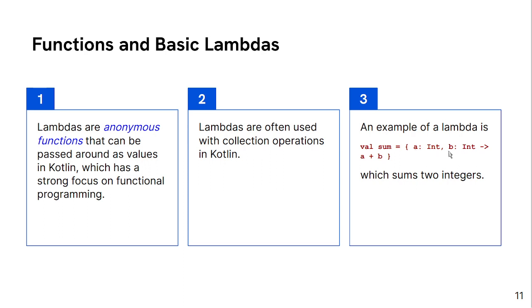So a and b, they are integers. The right-hand side of the right arrow specifies the calculation. So a plus b. Okay. So again, lambda is an anonymous function that you can pass around as values, and the lambda can be considered as an in-place definition of a callback function.